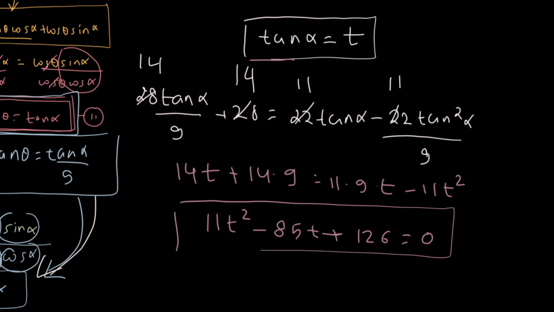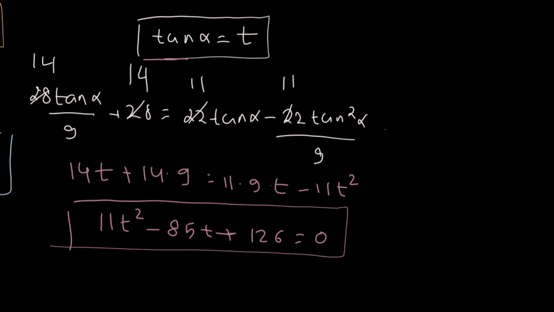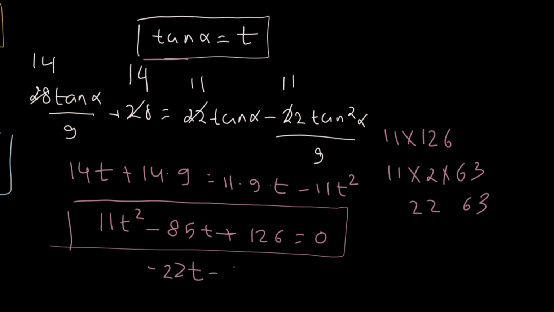So here we have a nice quadratic equation, and let's simplify this thing. So I'm going to use the factorization method. Therefore 11 into 126, 11 into 2 into 63, 22, 63 makes 85. Okay, so I will split negative 85 as negative 22 times t and negative 63 times t, plus 126 as it is and 11t square as it is. This thing is equals to 0.